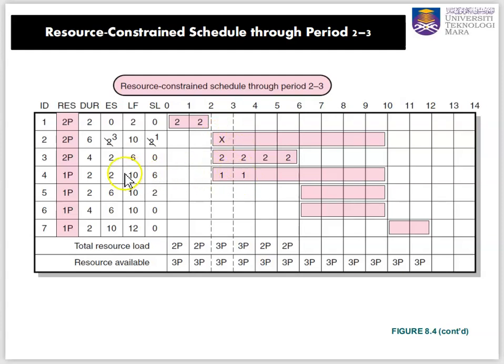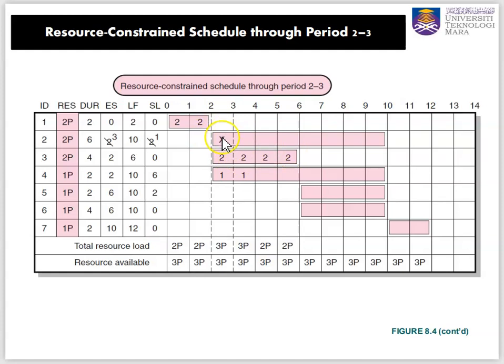So we will start our activity 4, even though it has a slack of 6, just to utilize the maximum percent allocated of the resources, because it requires only 1%. So 1 and 1, they can run concurrently. So now we have a maximum of 3, 3, 2, and 2 for day 3, 4, 5, and 6.